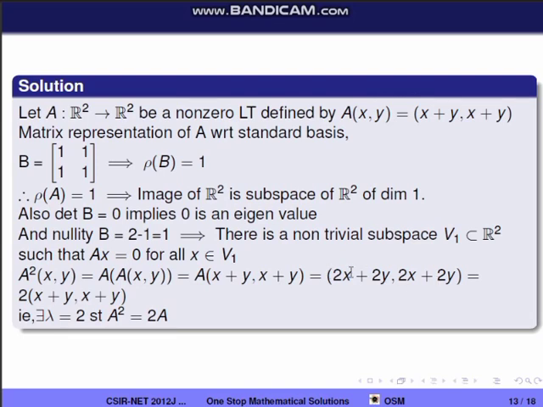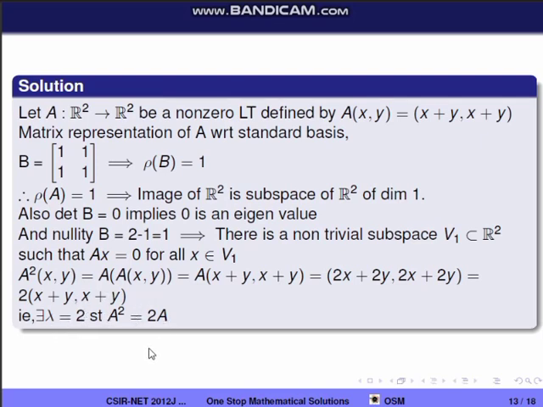So here I can take 2 common outside. So this is equal to 2 into x plus y comma x plus y. This term is A of x, y. So we got A square of x, y is equal to 2 into A of x, y. So we got lambda equal to 2 such that A square is equal to 2A.